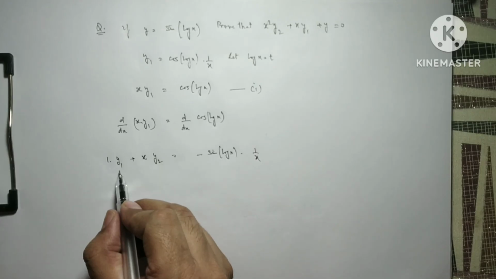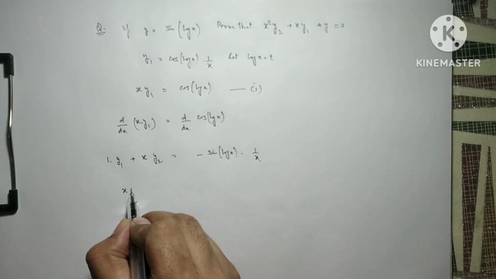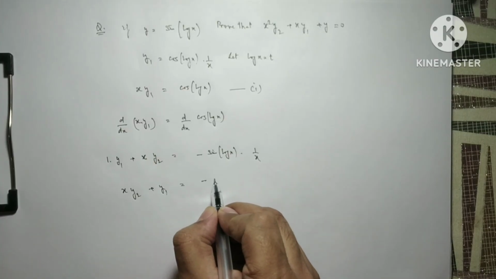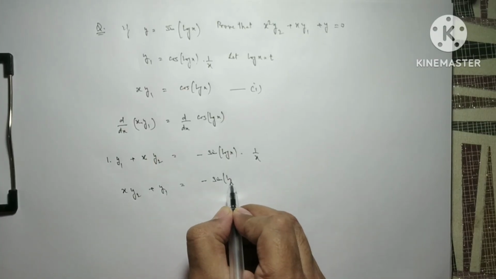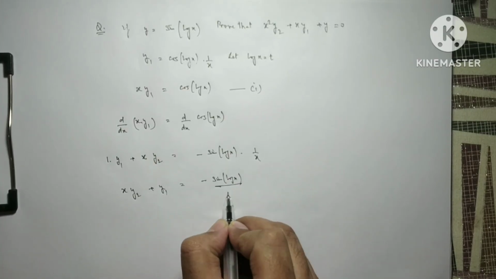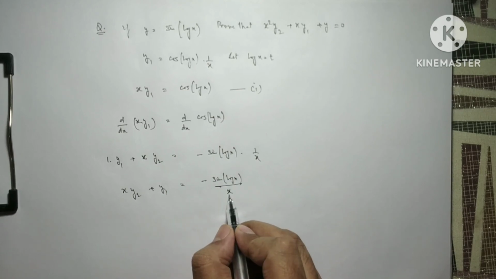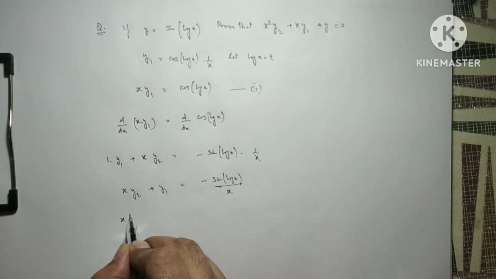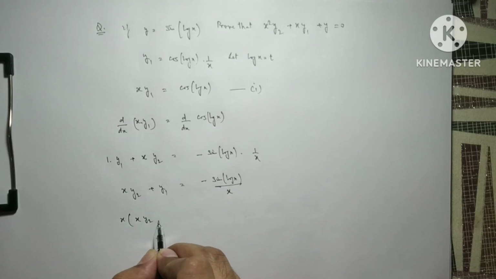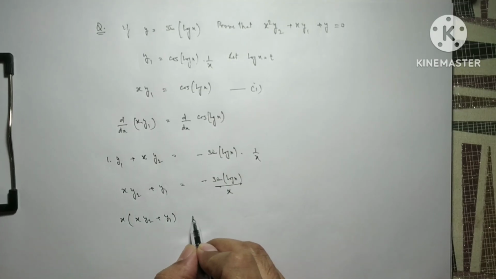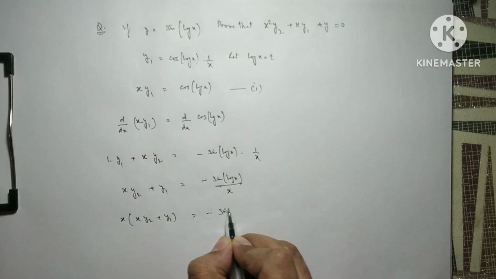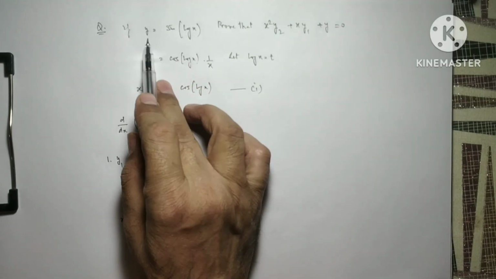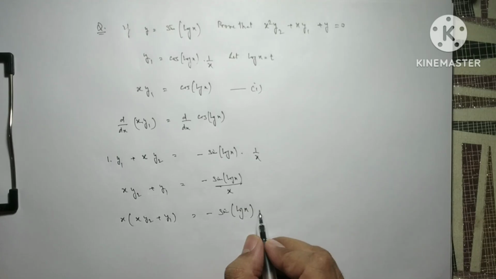So it is x y2 plus y1 equals minus sine of log x divided by x. So multiply this x on the left hand side, you get x into x y2 plus y1, and this is minus sine of log x, and sine of log x is y, so you can put y.